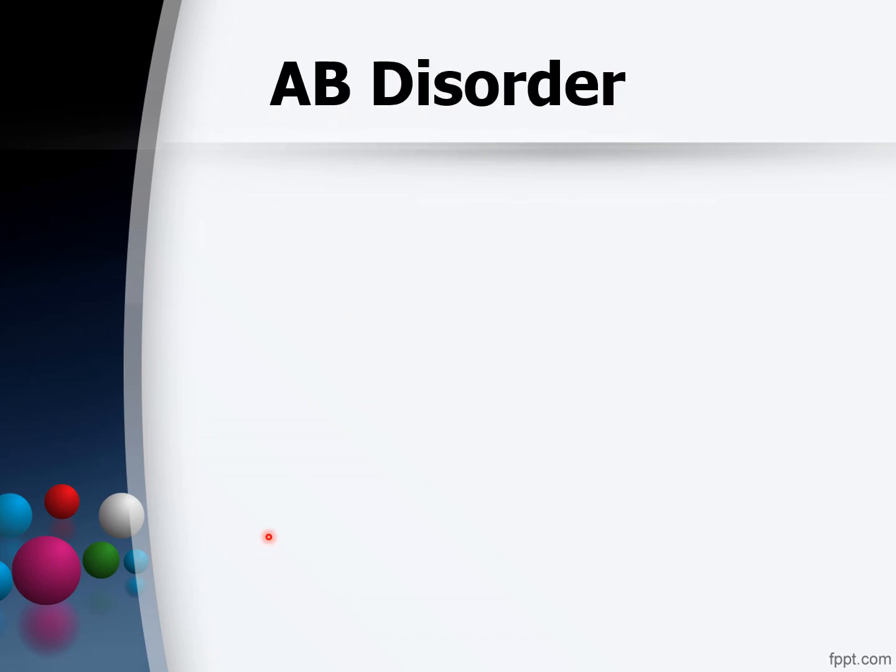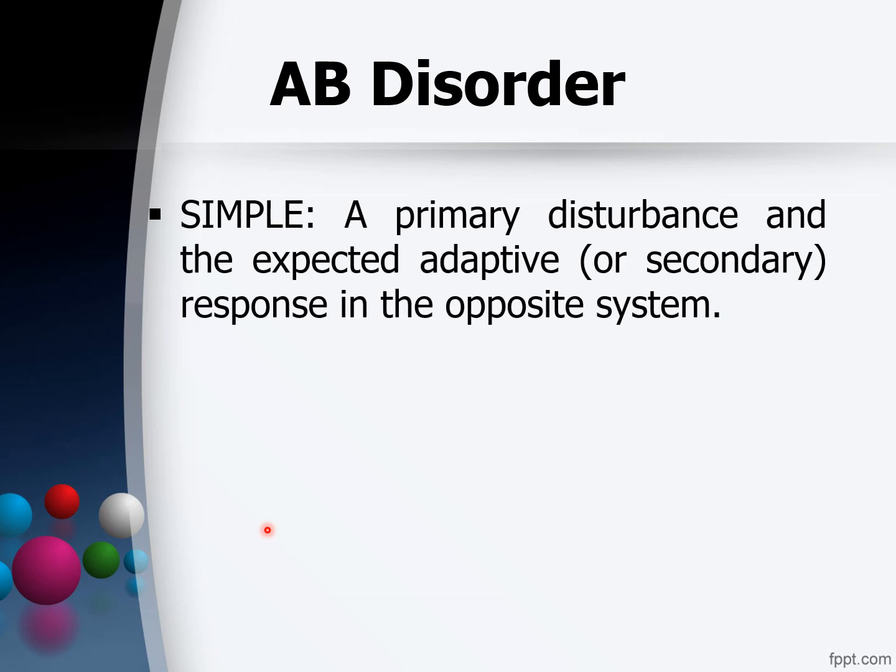The acid-base disorder can also be mixed or simple. When we say simple acid-base disorder, the primary disturbance and the expected adaptive or secondary response are in the opposite system. For example, when the primary disturbance is on the kidney, the expected adaptive response would be on the lungs, and vice versa. So the simple type happens when the compensation is appropriate.